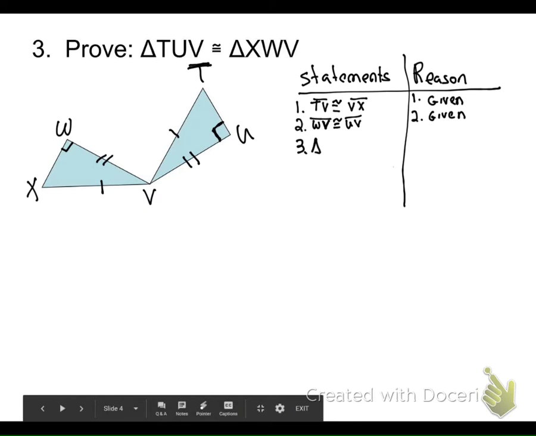So therefore, we know that the triangles are right triangles. So we can now say that triangle TUV and triangle XWV are right triangles. I said congruent, I apologize, guys. That should be an and sign. I just wrote exactly what was up there.